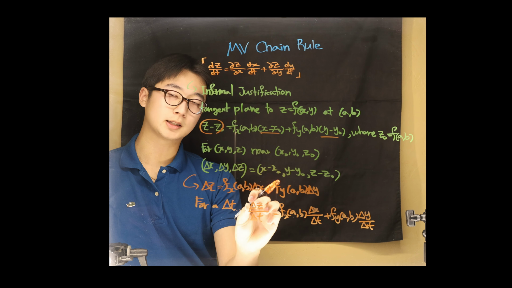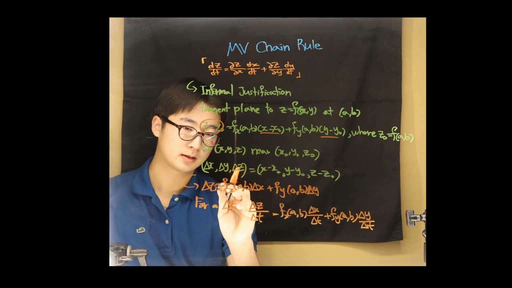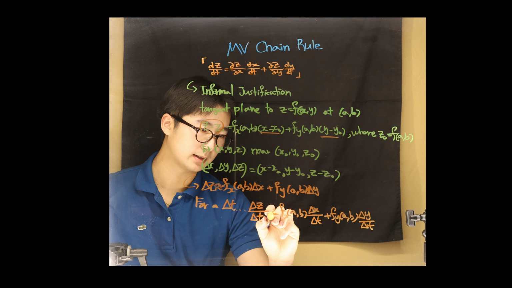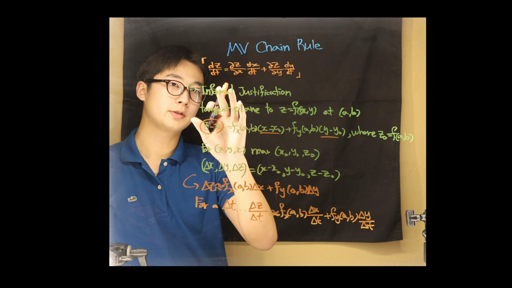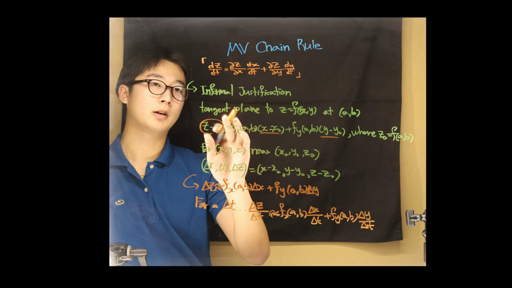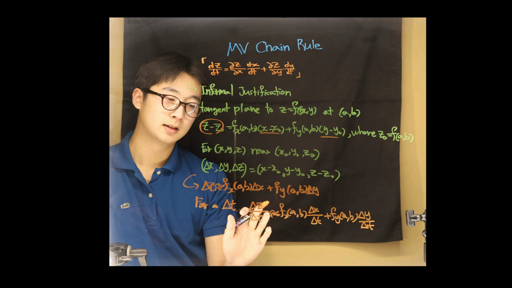So since we are using the delta, sorry, this should be the approximate sign, not the equal sign. Now, using the limit, we can rewrite the delta sign to just d.